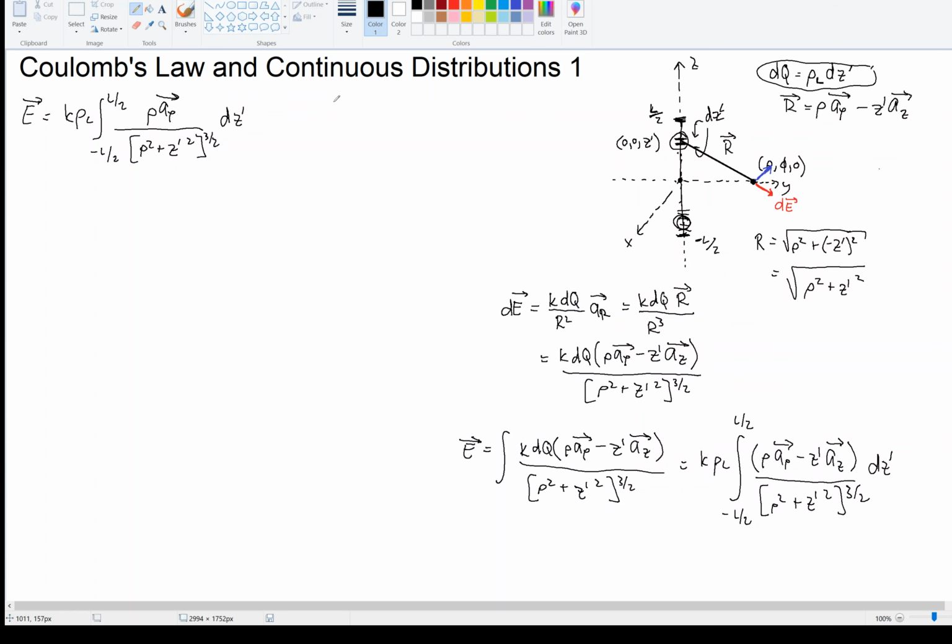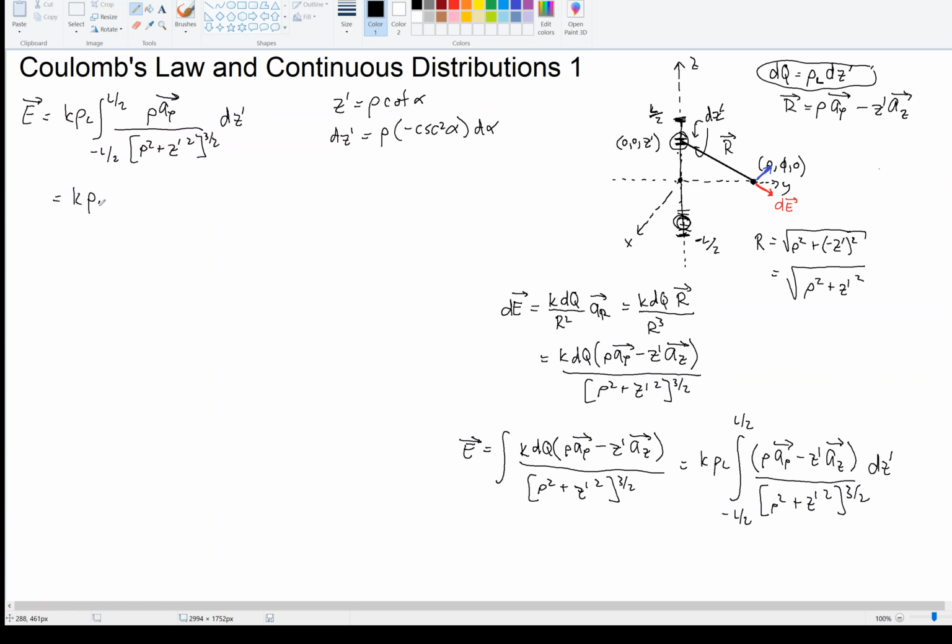Here we go. So I'm going to let z prime equal rho cotangent of alpha, and then the derivative of that is rho times minus cosecant squared of alpha d alpha. Trigonometric substitution here, ladies and gentlemen.